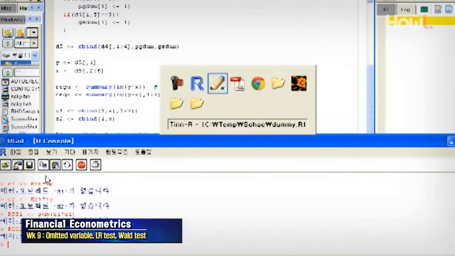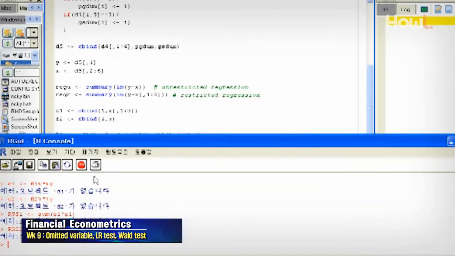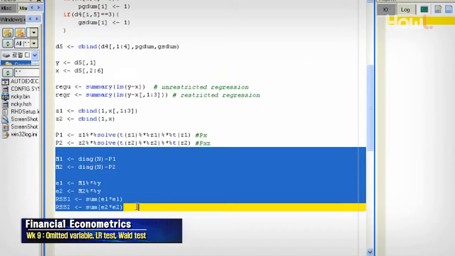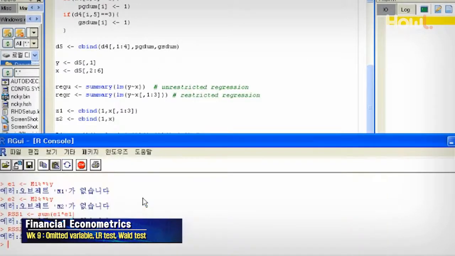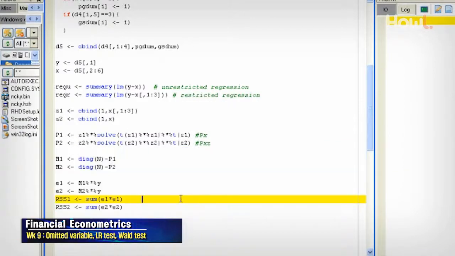Okay, so basically if my method is right, RSS1 should be equal to RSSR, and RSS2 should be equal to RSSU.